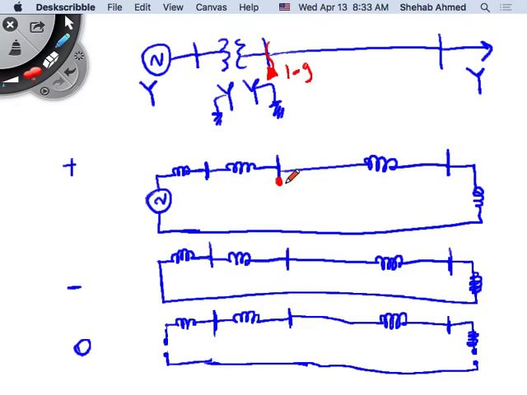So if you put a short here, are you going to put the short on phase B and C? No, you cannot, because the fault is only happening on phase A. So are you going to put a fault only on the positive sequence of phase A and then not do that on the positive sequence of phase B and C? But then how do you analyze that?